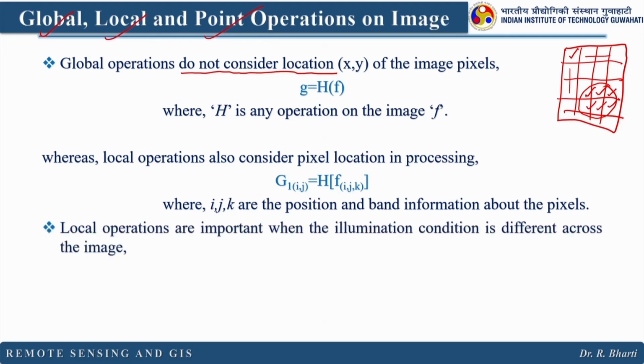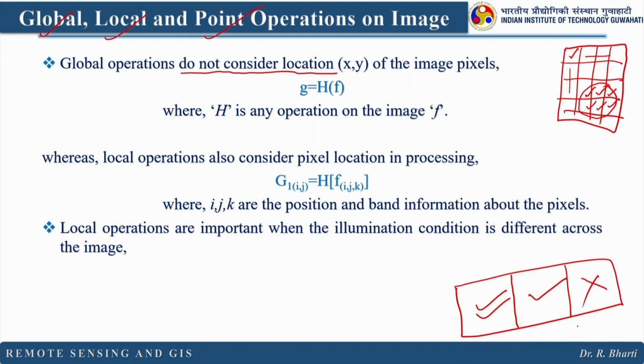And local operations are important when the illumination condition is different across the image. So if you have an image and you find that this particular area has some haziness or is not of very good contrast, and if you divide this into 3, this area requires little processing and this area does not require anything, right?